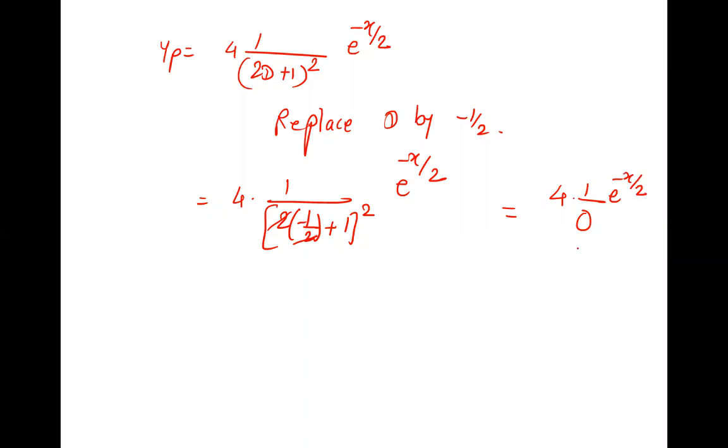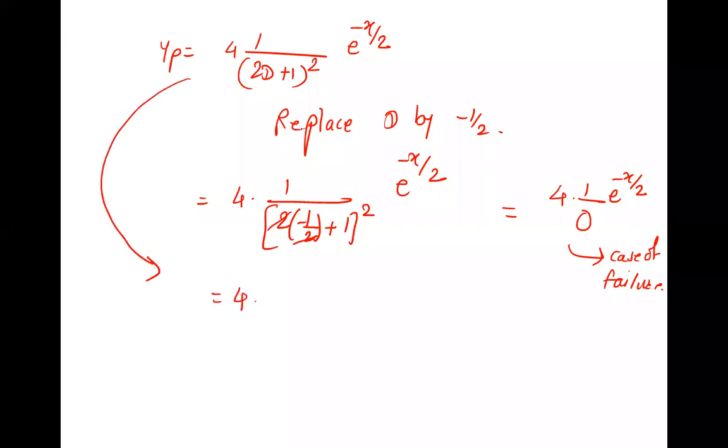And this is what? Case of failure. Yes. So as we are getting case of failure, we go back to this step. 4 as it is there, we multiply by x and we take derivative of the denominator.